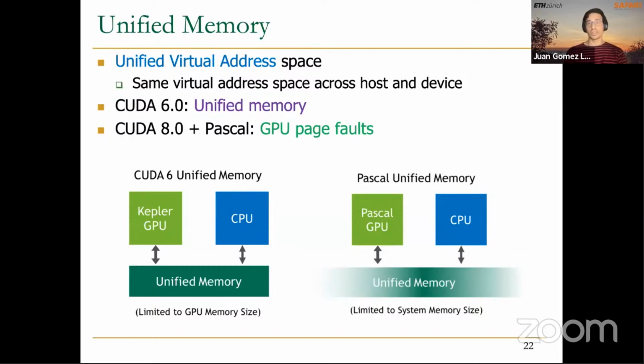Another advantage is that it's possible to maintain coherence between the physical memory spaces on the CPU side and the physical memory spaces on the GPU side, and some more features, like, for example, the possibility of using cross-device or system-wide atomic operations.